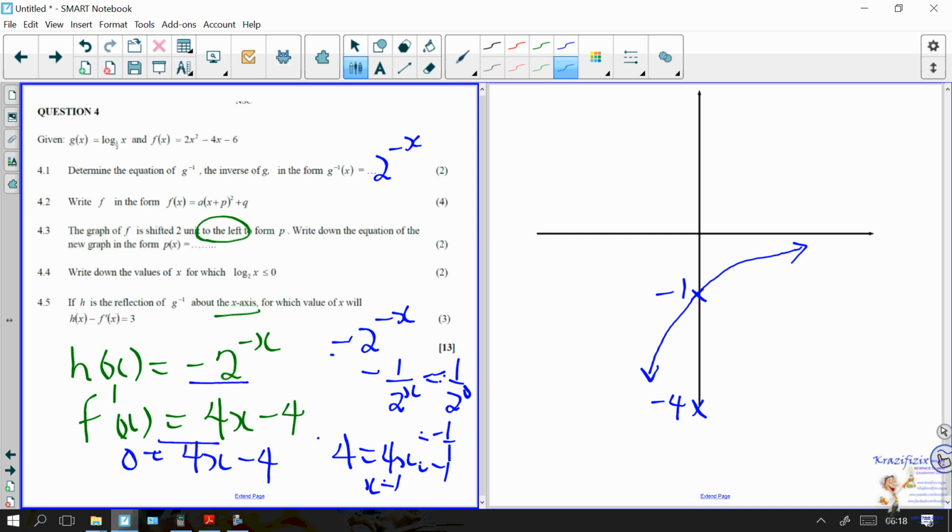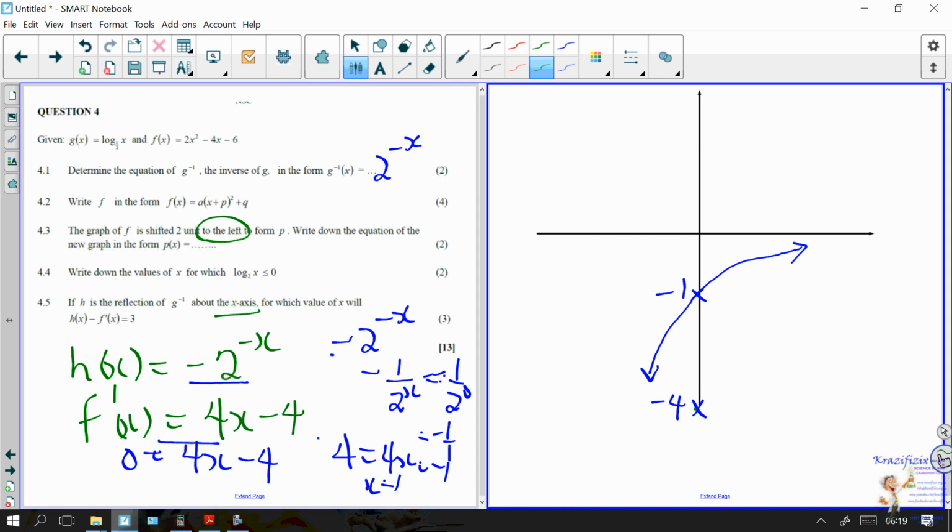Are we right? 4x minus 4. So 1. Now let's check this. Let me use this to plot a graph here. Okay, that's my straight line graph.